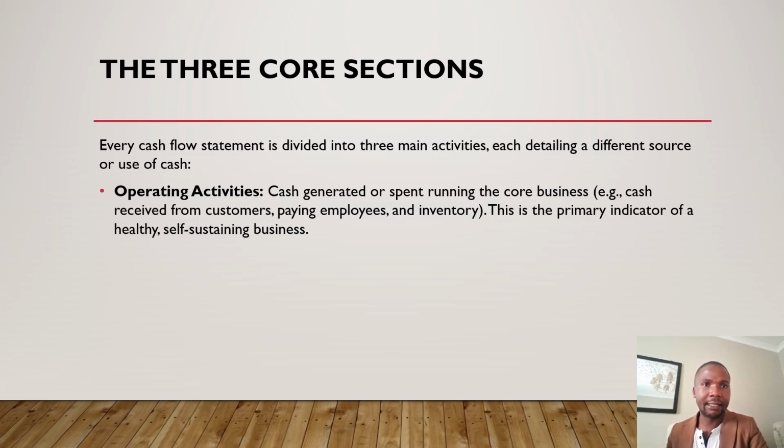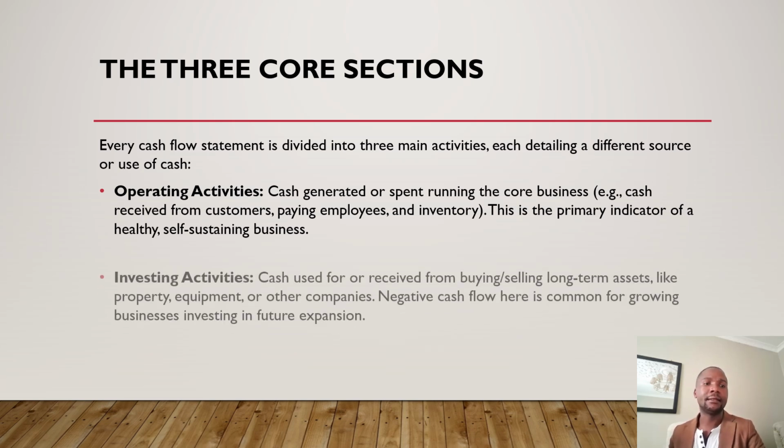So this is a primary indicator of a healthy and self-sustaining business, because if you are able to generate enough cash from your core operations, it means you have a healthy cash position to cater for your operating needs.